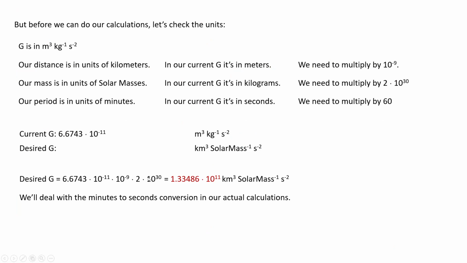Now there's only one other issue. If you Google the value for g, the gravitational constant, you normally find it in cubed meters over kilogram seconds squared. But our units are in kilometers, solar masses, and minutes. To go from meters to kilometers, just realize how many cubed meters you find in 1 cubed kilometer.